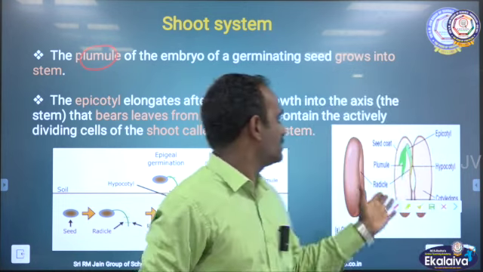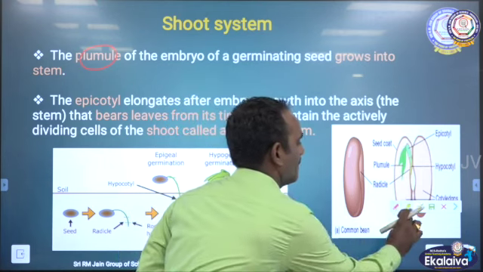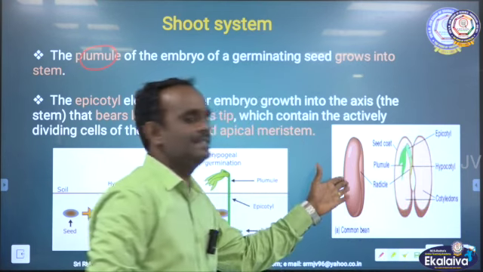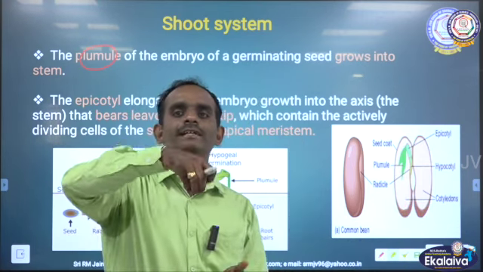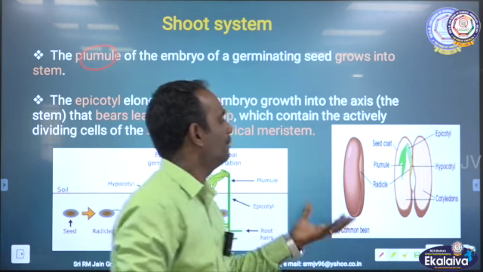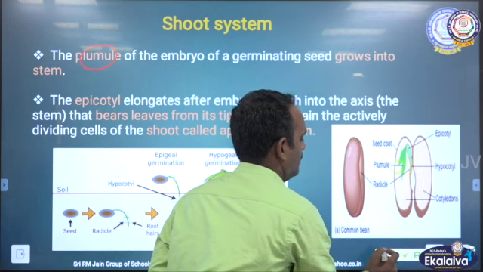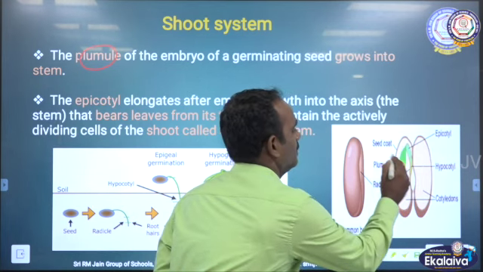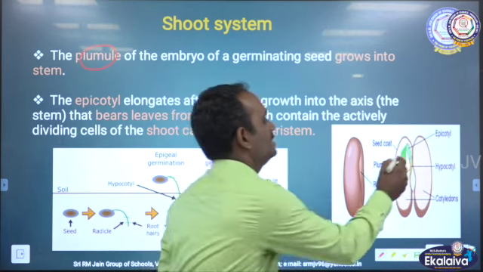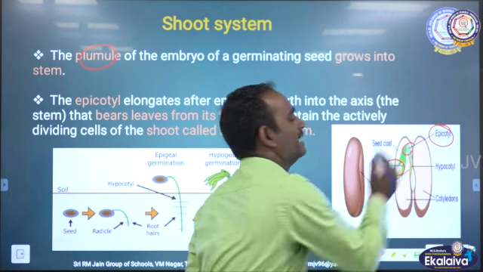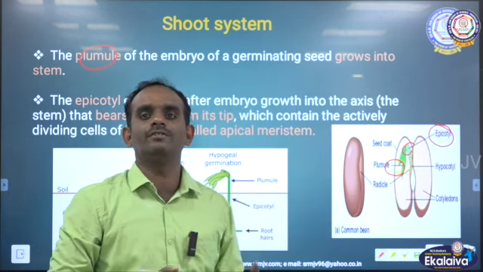See the picture here, children. This is a seed. When it germinates in the soil, what will happen? This part is said to be the plumule, a small outgrowth which arises from the epicotyl. What is epicotyl?